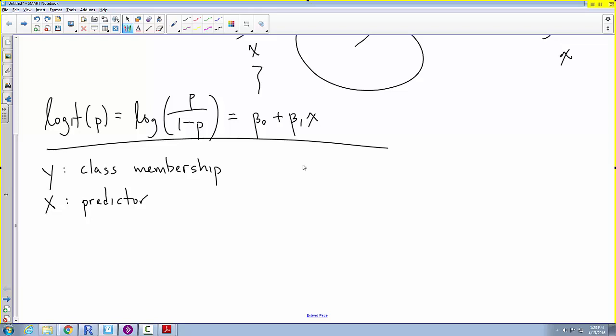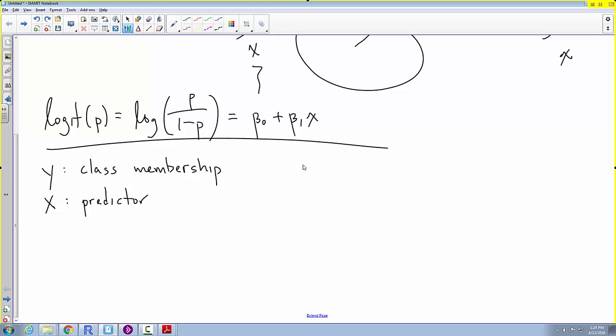What is natural to do is to say, what's the distribution of X for the different classes? That's totally doable. What is the distribution of PSA for people with prostate cancer? And what's the distribution of PSA for people without prostate cancer?